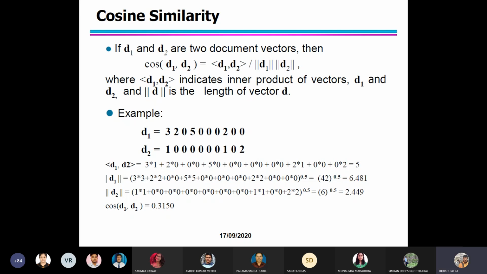Therefore, whenever you have a very large dimension, it is found that cosine similarity is heavily used. Examples are document comparison or news article comparison. Generally cosine similarity is used. Obviously nowadays we have a different mechanism, the neural network: we represent the data in a different way, reduce the dimension, and then go for computing using cosine similarity.